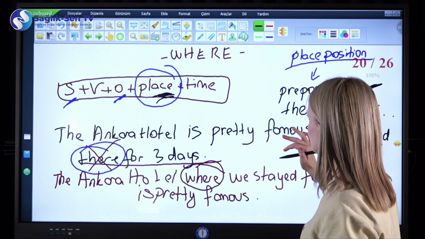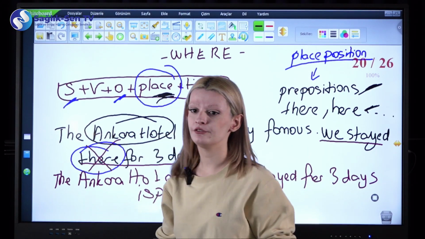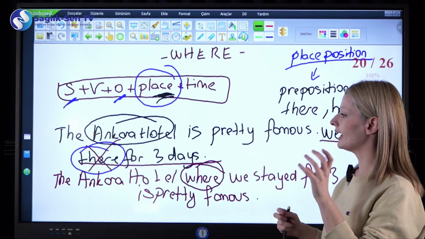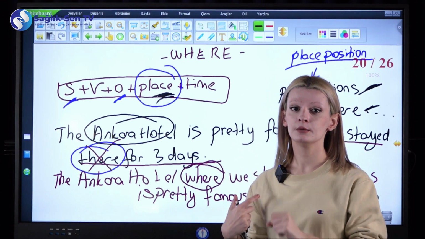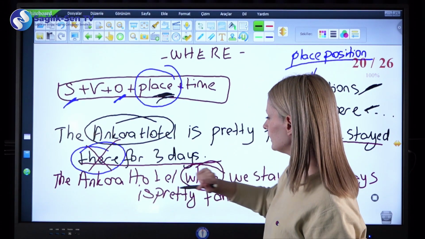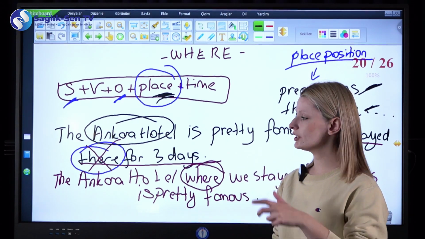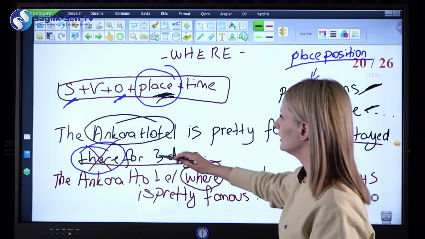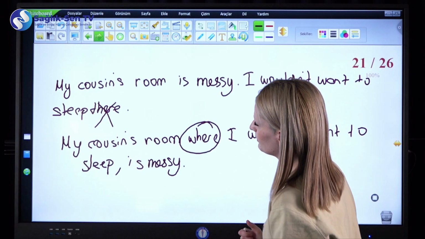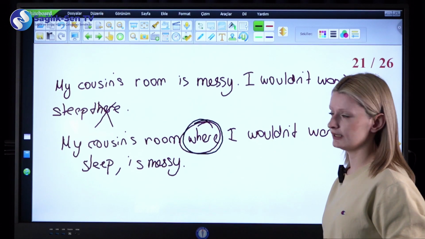I am going to use where right after our common figure of speech, and then I am going to continue with the sentence that has that there, here, or place preposition. The Anchor Hotel, where we stayed for 3 days, and then I omit the preposition or there, here, is pretty famous. My cousin's room is messy. I wouldn't want to sleep there. My cousin's room, where I wouldn't want to sleep, is messy.